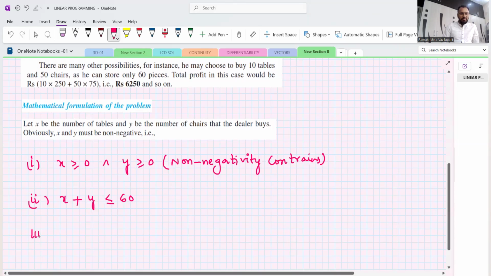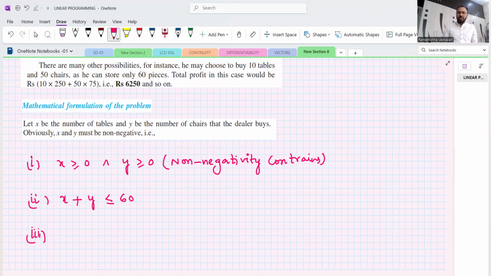And the third one. What is his maximum investment? 50,000 rupees. And he is buying x tables.